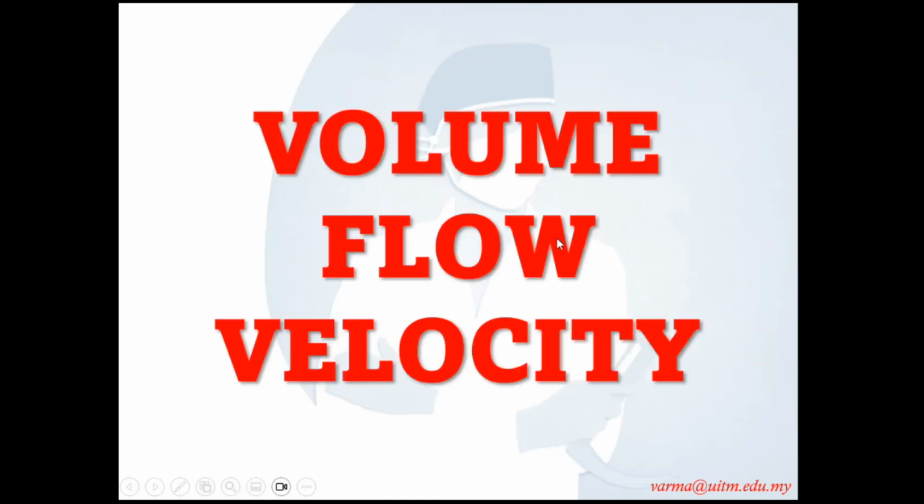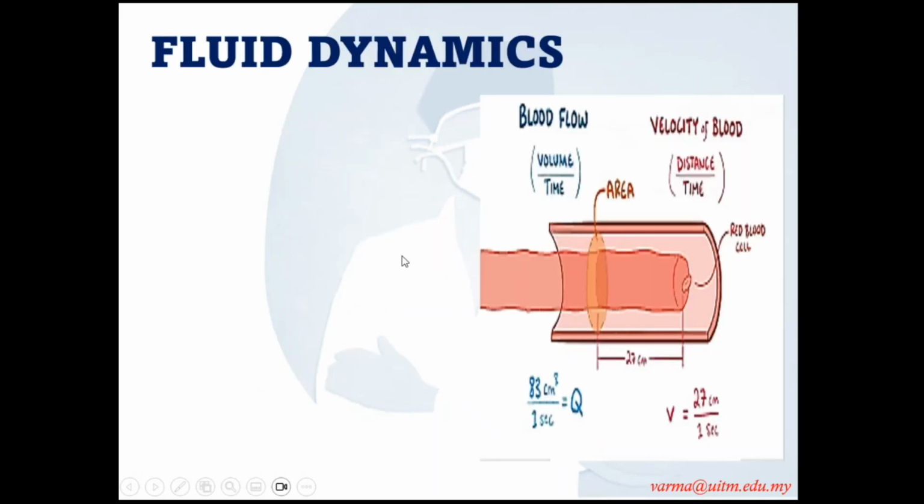Next we move on to the core of the topic today: volume, flow, and velocity, and how these three things are interrelated. All this comes under fluid dynamics. Volume is the amount of blood that occupies a blood vessel, let's say 5 ml, 10 ml, whatever, or we can measure in cubic centimeters as well.